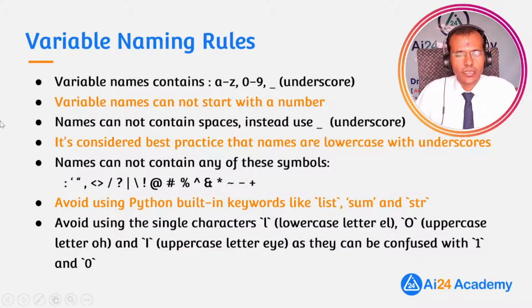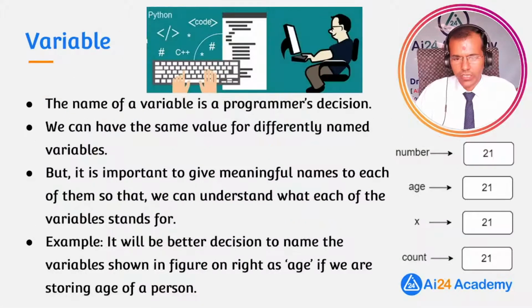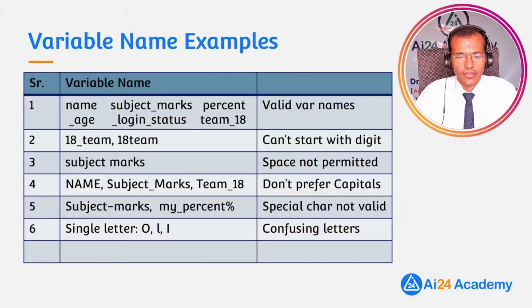Next point is that it is considered better practice for names to be lowercase with underscore. Over here, in row 4, name, subject_marks, team_18 are valid variable names, but they are different from Subject_Marks, where a capital letter S and capital letter M are there.